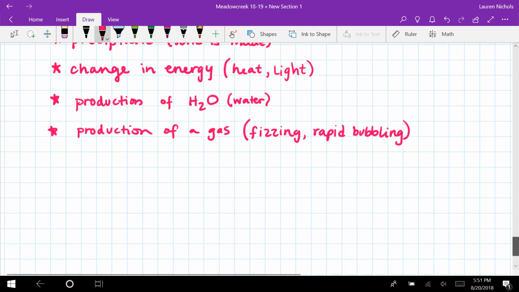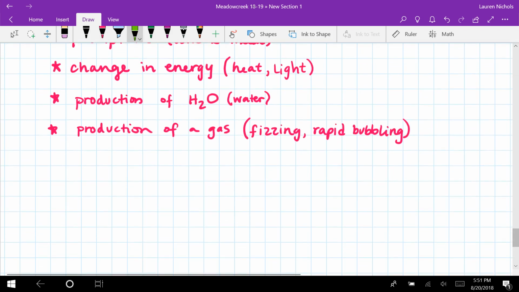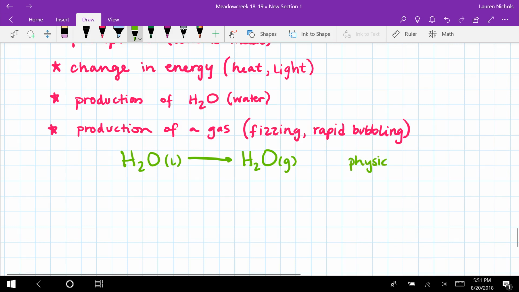So let's take that boiling for example. If I have H2O and it starts off as a liquid, remember an L in parentheses means liquid, and then after this change, I have H2O, but it's a gas. This is a physical change.